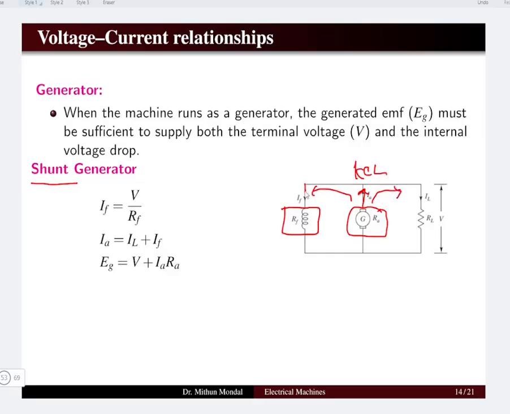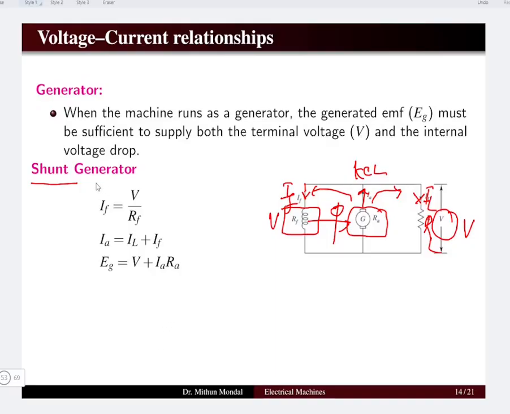The field winding will carry the current IF, which will produce the flux phi, which will again cut the armature conductors present in the generator. The current flowing through the load is IL, and here we have the load resistor RL, the terminal voltage is V. The voltage V is across the load and it is in parallel with the generator as well, so here also the voltage will be V only.